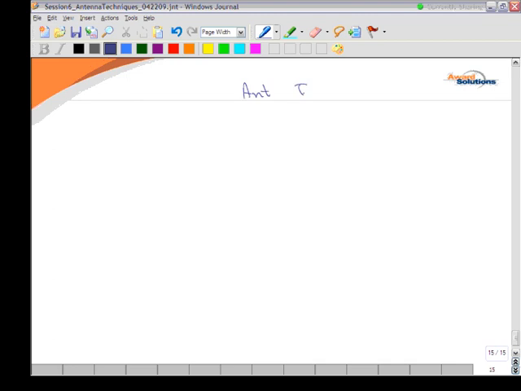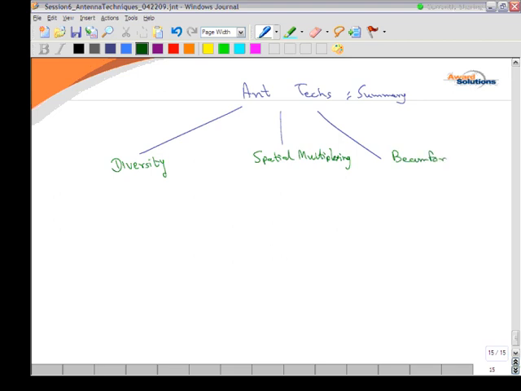Okay. So we looked at 3 classes of antenna techniques. We looked at the diversity technique, we looked at the spatial multiplexing technique, and finally we looked at the beamforming technique.